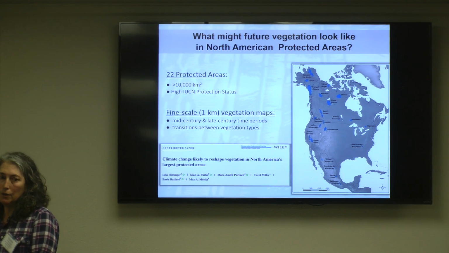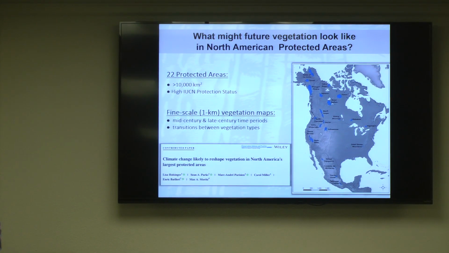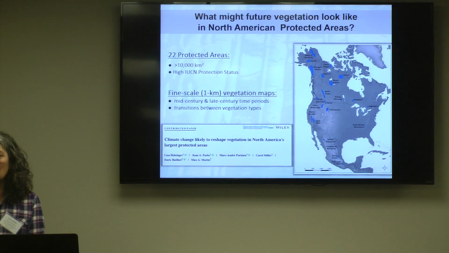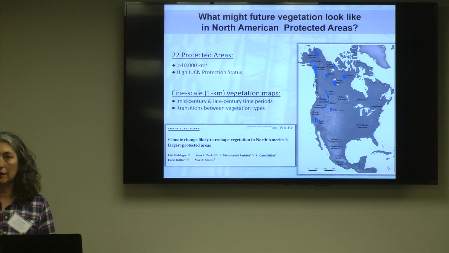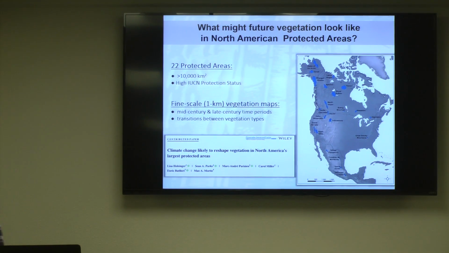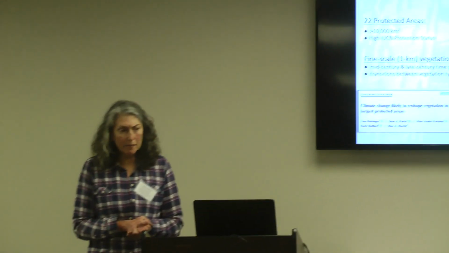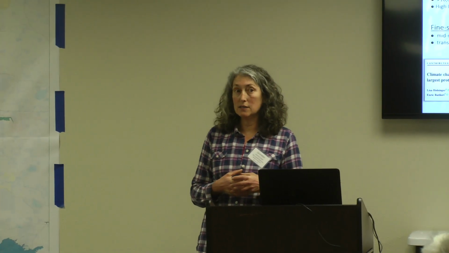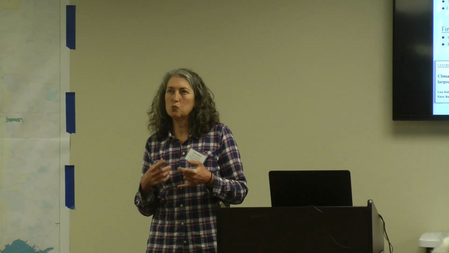So we were curious, okay, what might this mean? And can we look at what this might mean for vegetation in North American protected areas? So we selected 22 protected areas that are large and are managed either as wilderness or parks, primarily for natural processes.